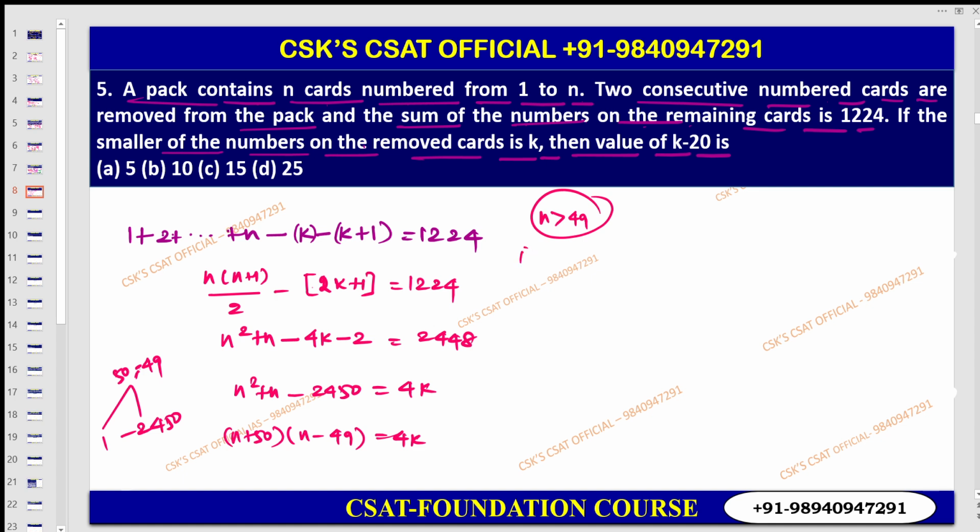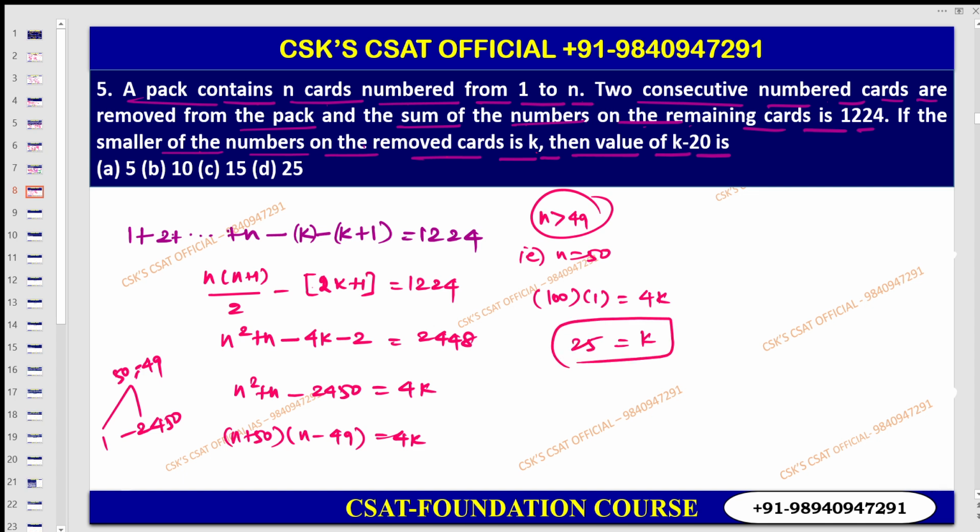So let us take n is equal to 50, because you are going to find the smaller of the numbers of the removed cards, k. Smaller only you have to find out here. So then you can take n is equal to 50. When you are taking n is equal to 50, then it becomes 100 into 1 becomes 4k. So then k becomes 25.